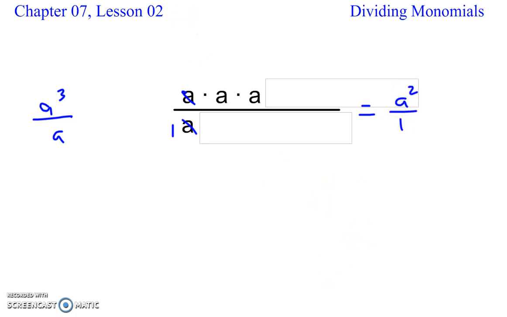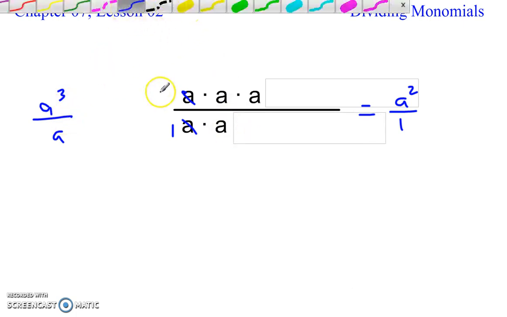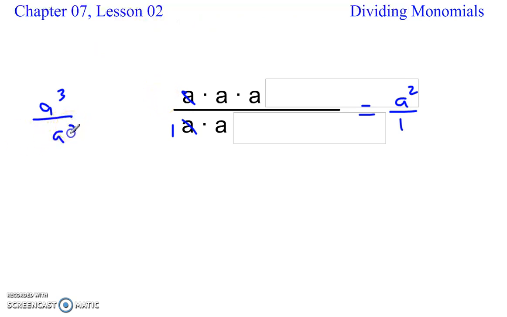If I get a to the third divided by a squared, then I cancel another one out. This goes down one further, a to the first, or just a. There's only one factor of a left here.